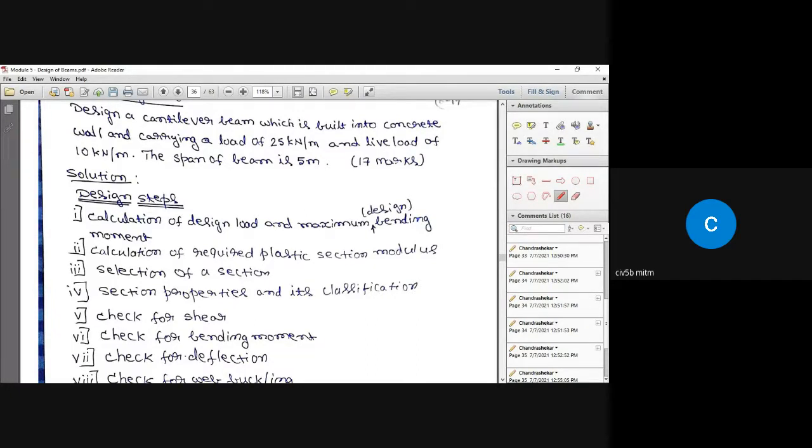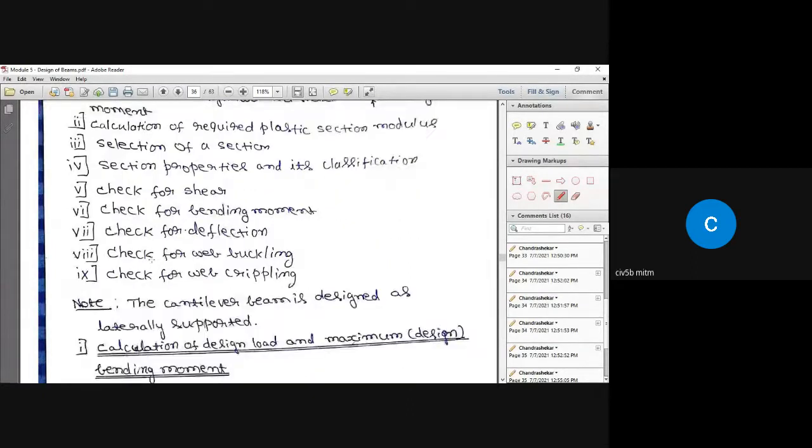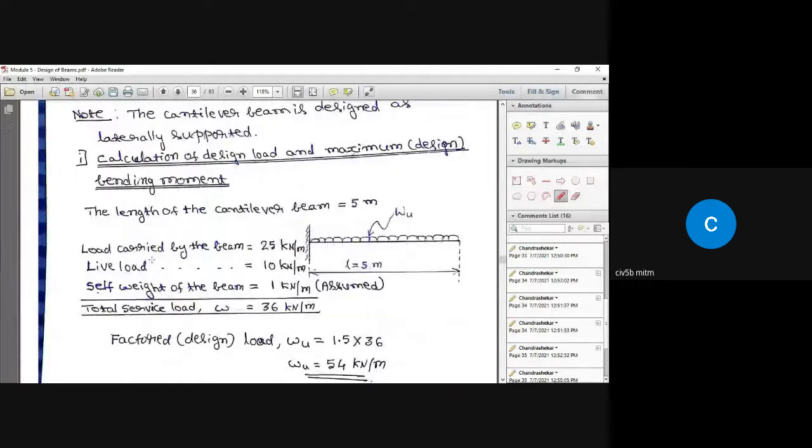After selecting a section, you can write the section properties by looking at the code book as well as the steel table. We can also do classification whether that section is compact, plastic or semi-compact. That is done under section classification. Once that is over, we go ahead and check for shear. Next, check for bending moment, check for deflection, and web buckling and web crippling later.